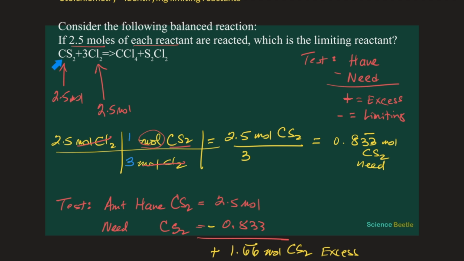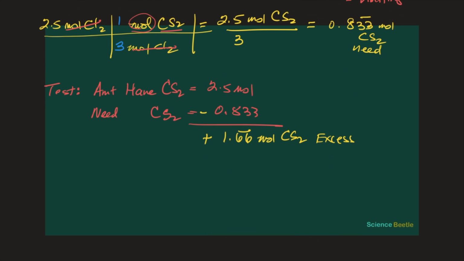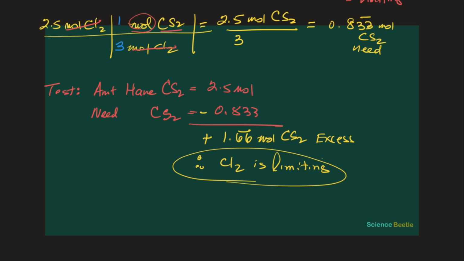So if this compound is excess, that means that the other compound actually is going to run out first. And so Cl2 in this particular case is the limiting. So what we'll do here is we're going to go ahead and make this known very clearly at the bottom. So if the CS2 is excess, therefore the Cl2 is limiting. Okay, and that would be the answer for this particular problem.